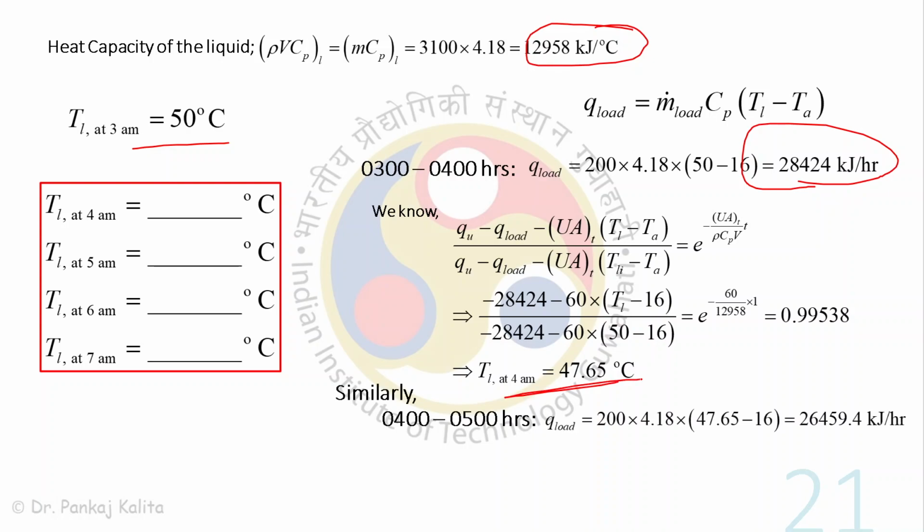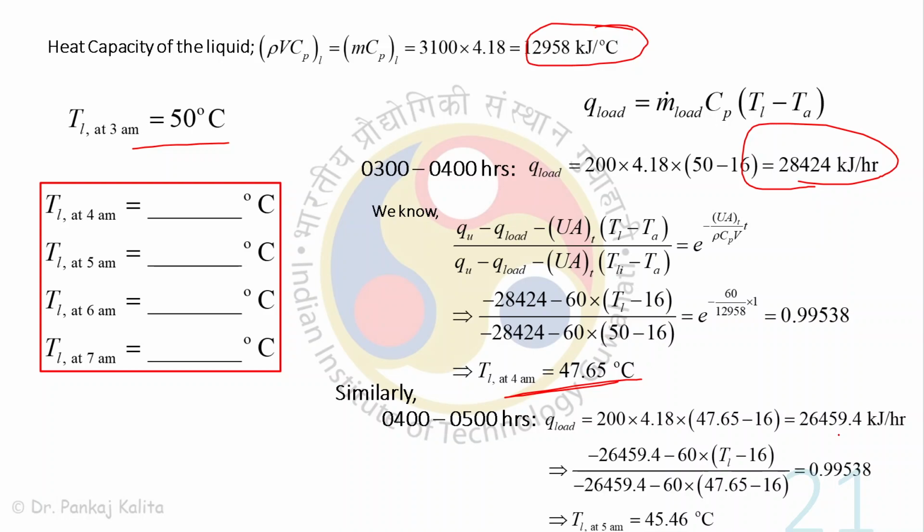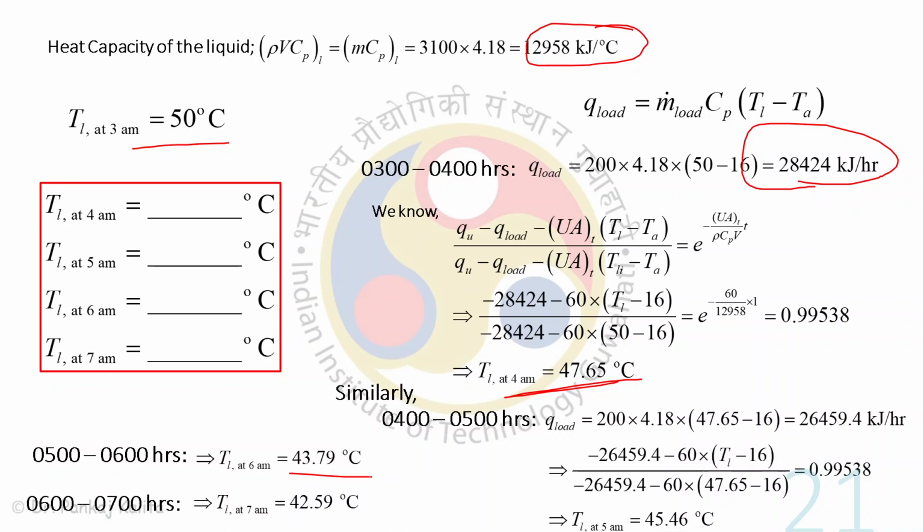Similarly for 4 to 5 hours, Q load equals this much. Putting in the values, at 5 am the value is 45.46. For 5 to 6 am the value falls below, to 43.79, and for 6 to 7 it comes to be this.